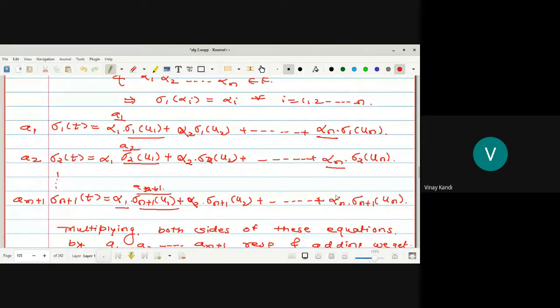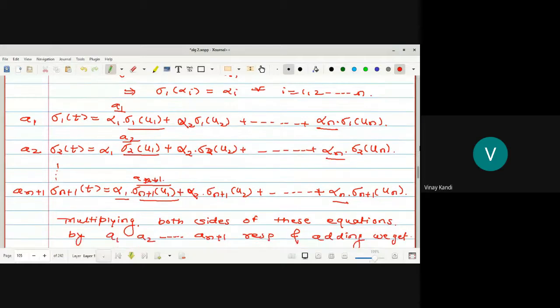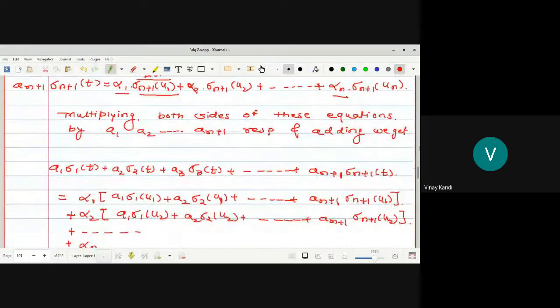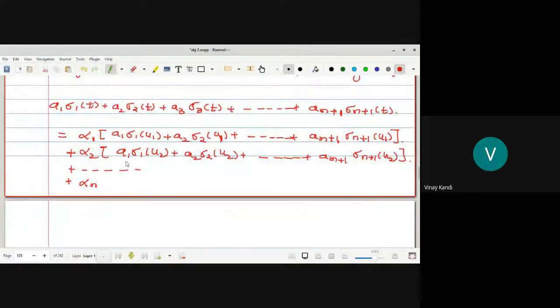In the bracket, a1 sigma 1 of un plus a2 sigma 2 of un plus up to so on, an plus 1 sigma n plus 1 of un. Is it correct? Any doubt up to here?